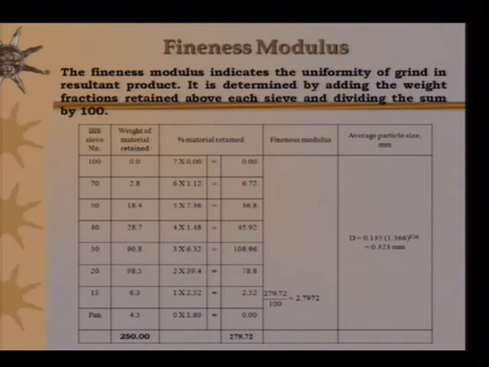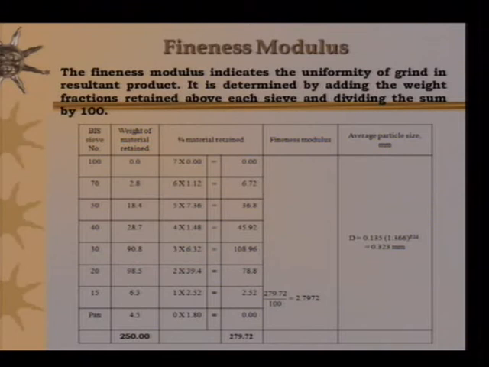The reason is that when you pound anything and reduce it to a very small, fine size, you would like to know the uniformity of size in that mass. It is very important for things like the functional properties of wheat flour. Functional properties are good if the size is uniform. So to know whether the size of the flour is uniform, it is very important to know the fineness modulus.